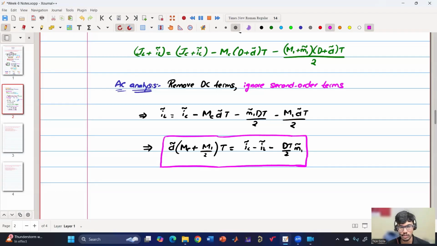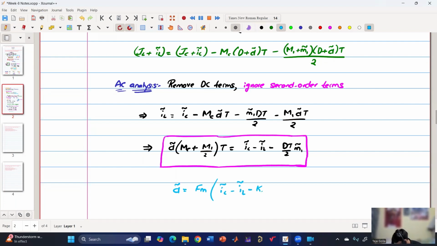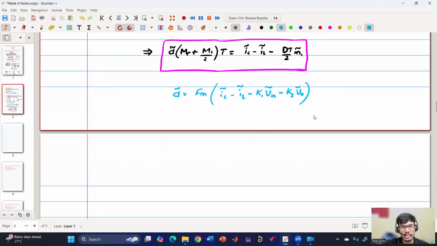Yes, sir. Okay. So now if I want to generalize in this format, say D perturb is equal to FM into IC perturb minus IL perturb minus K1 into Vn perturb minus K2 into V0 perturb, how can I write this?